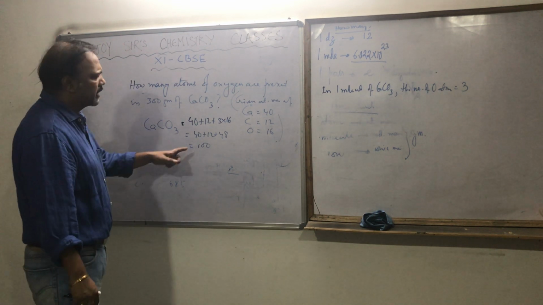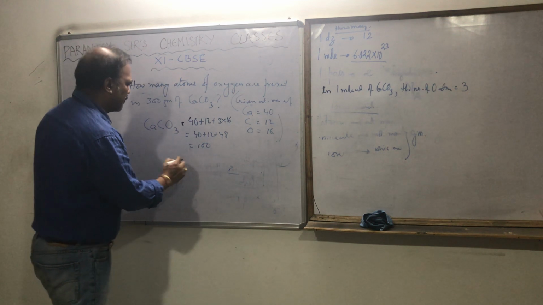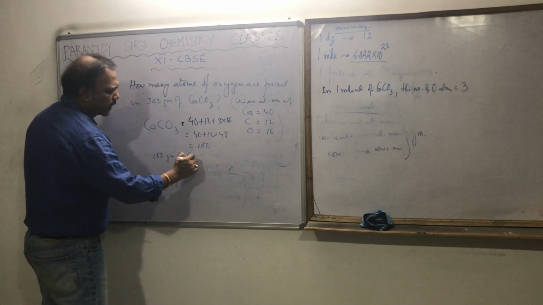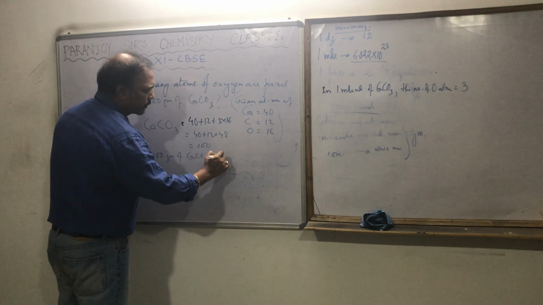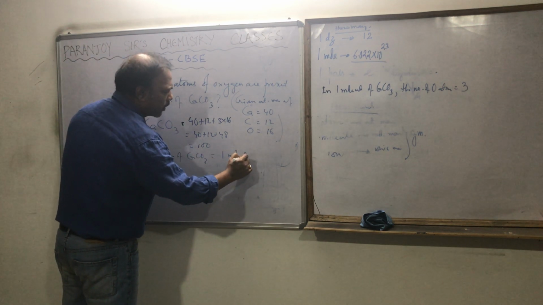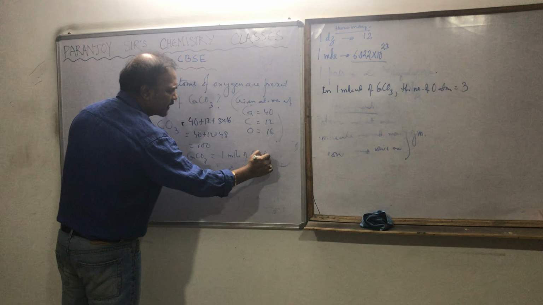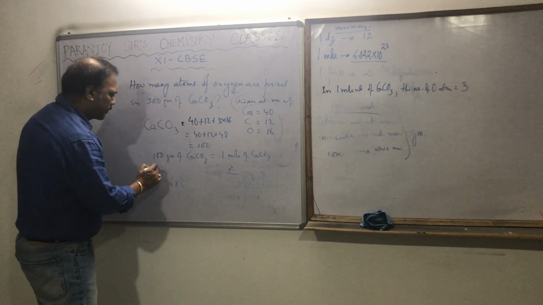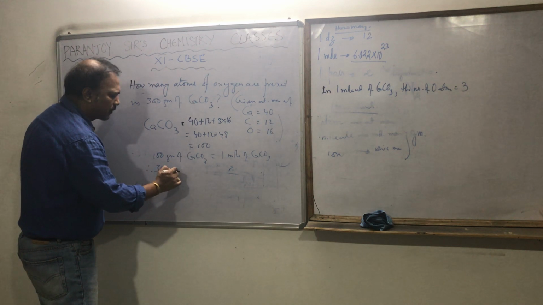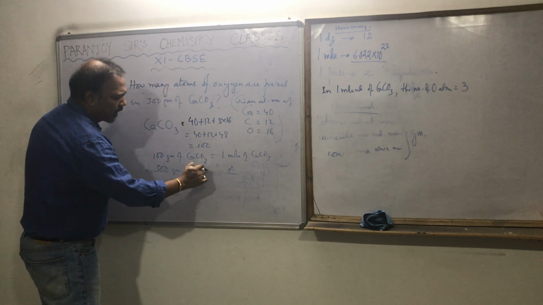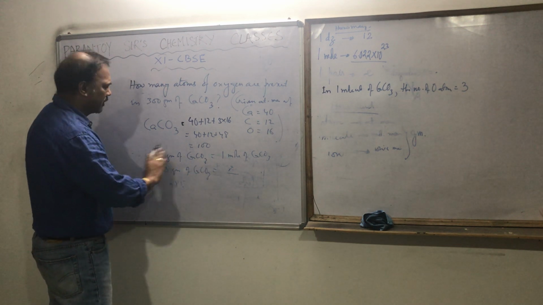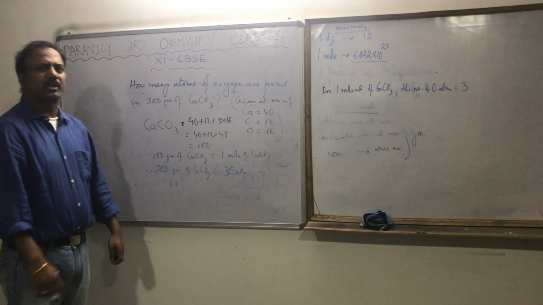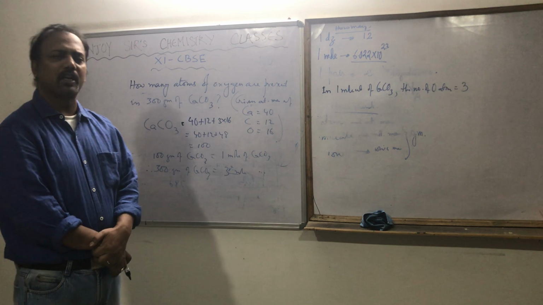Okay, so 100 gram of calcium carbonate equal to 1 mole of calcium carbonate. Yes, that's the molar mass. Therefore 300 gram of calcium carbonate is obviously 3 mole of calcium carbonate.